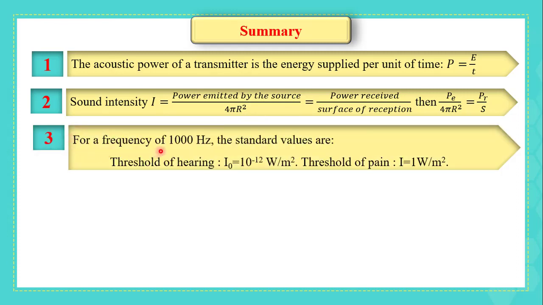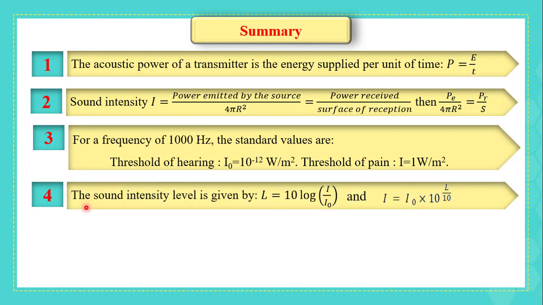Third, for a frequency of 1000 Hz, the standard values are: threshold of hearing 10 exponent minus 12 watt per meter squared, threshold of pain 1 watt per meter squared. Fourth, the sound intensity level is given by L equals 10 log I over I0, and we can derive from it that I equals I0 times 10 power L over 10.